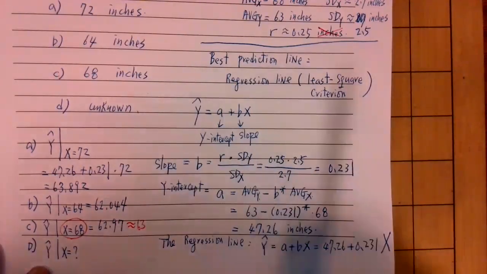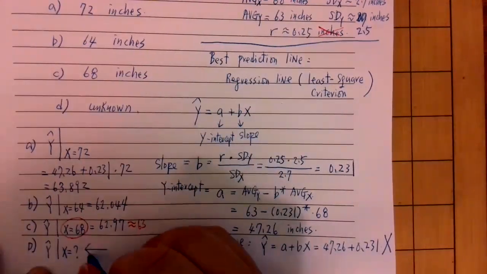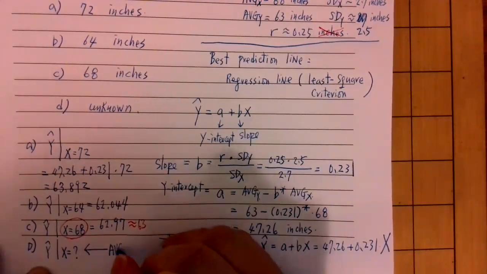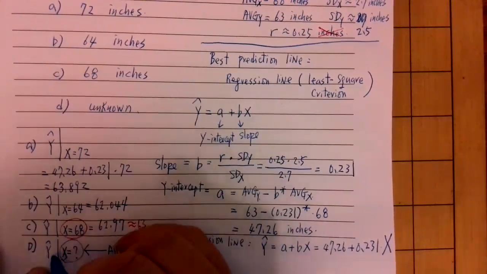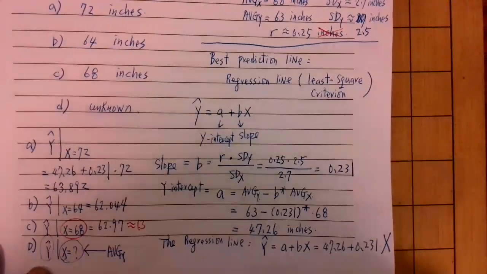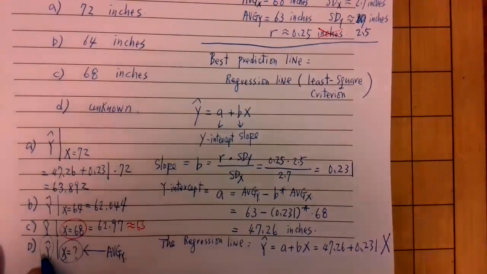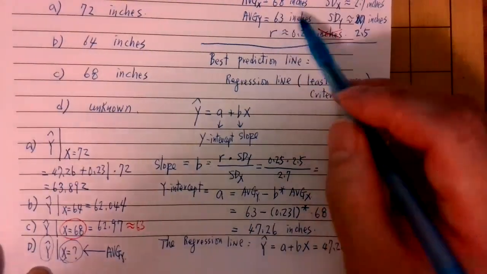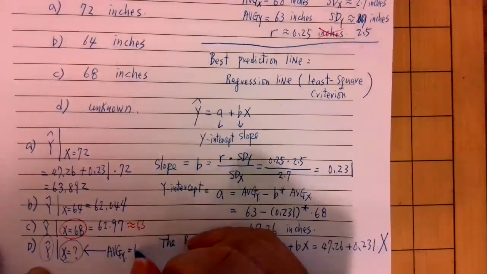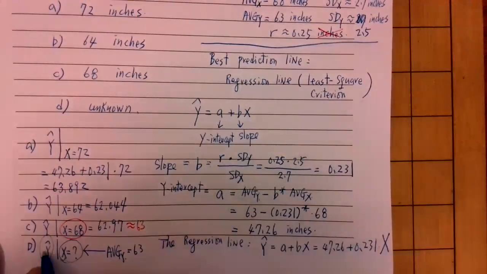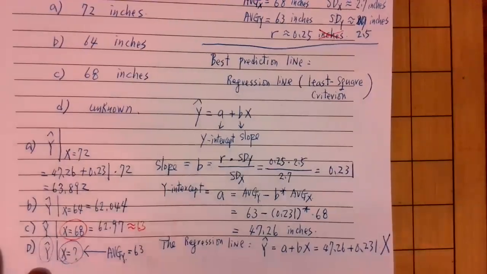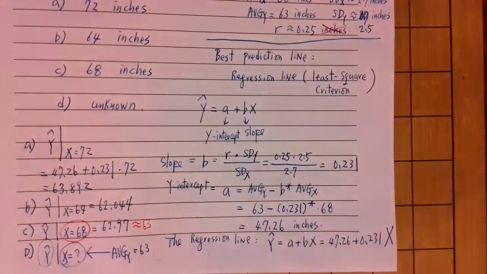If you don't know, you just estimate by average y. If you don't know the husband's height, you just use the average wife's height to make the prediction. And what's average y? The average of the y's in the given data set is 63. So just use 63 to predict a selected wife's height, okay? This question is important in its concept.